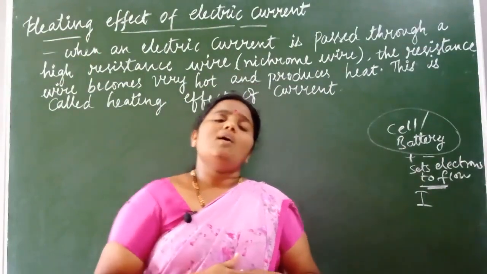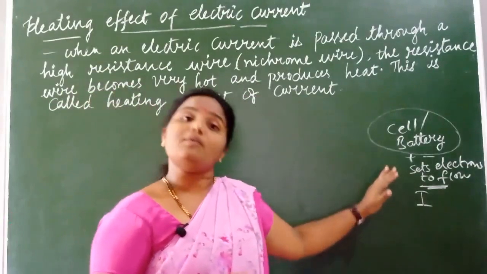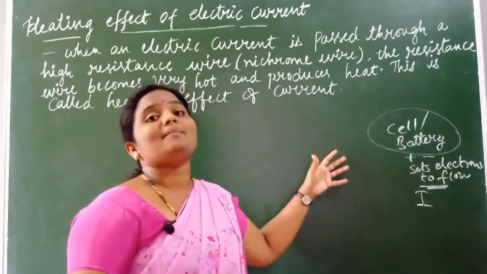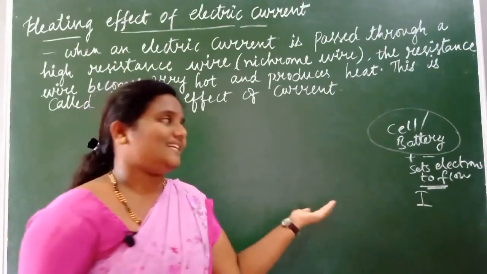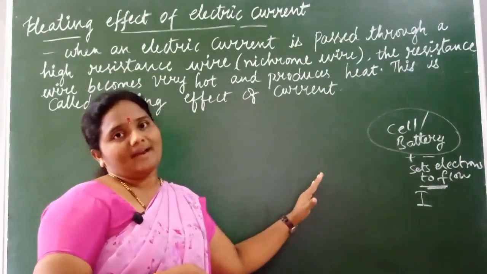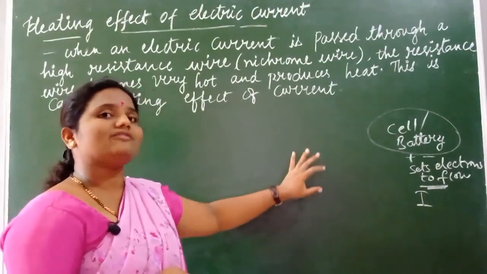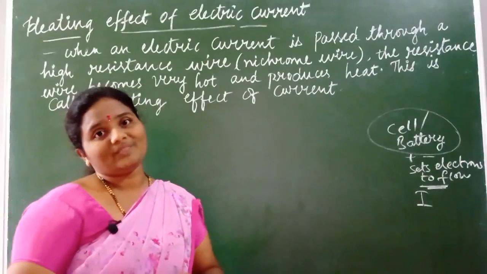What happens to the fan if it runs continuously for hours together? The blades of the fan become warm, meaning the temperature has increased. We have passed electricity to the fan, but heat is generated here. Because of that heat generation, the blades of the fan are warm.